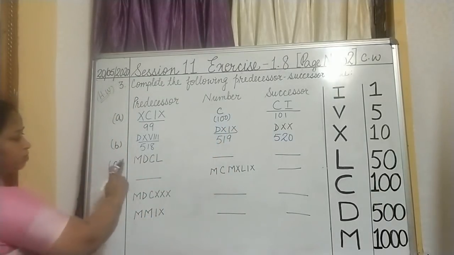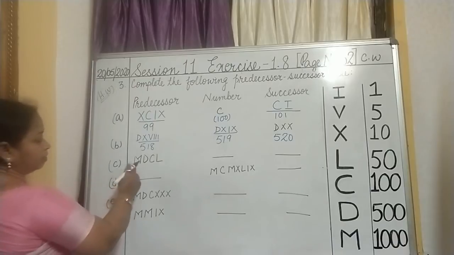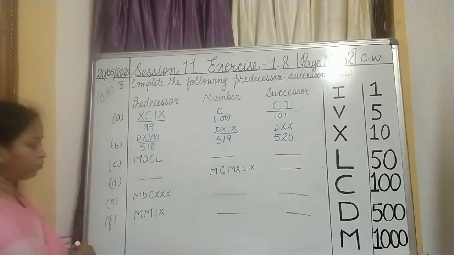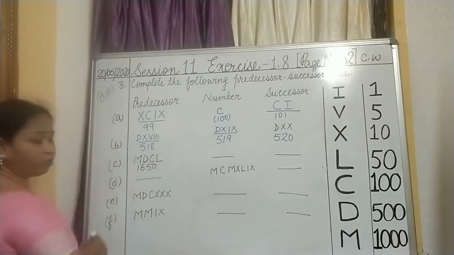Then question number C, MDCL. Let us see what is the value of this MDCL. M stands for 1000, D stands for 500, C stands for 100. So 500 plus 100, 600. L stands for 50. So the value will be 1650.